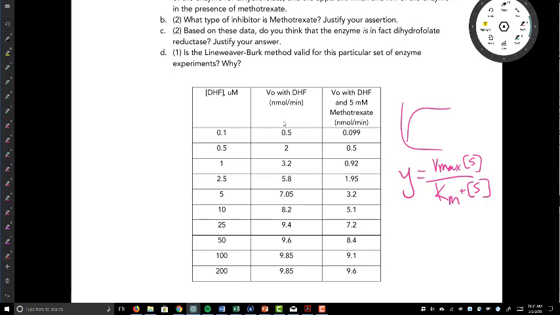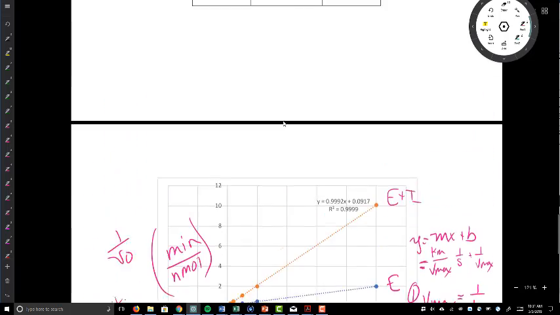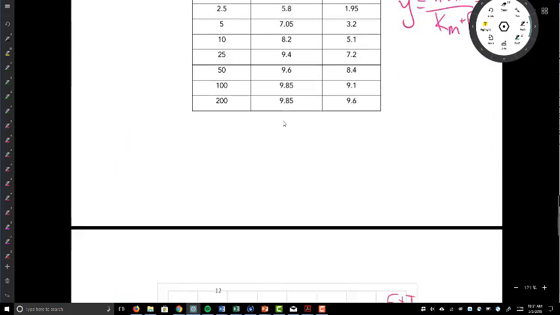However, most of you really just only have Excel to work with, so the technique that you're going to go to is the Lineweaver-Burk method, even though we showed in class that in certain circumstances it can be flawed. But either way, for your purposes, it's a good starting point.